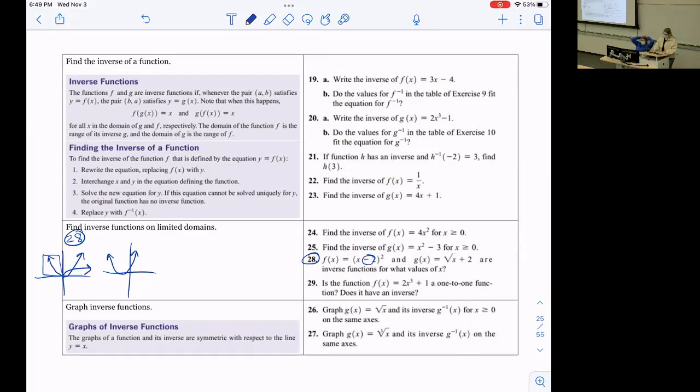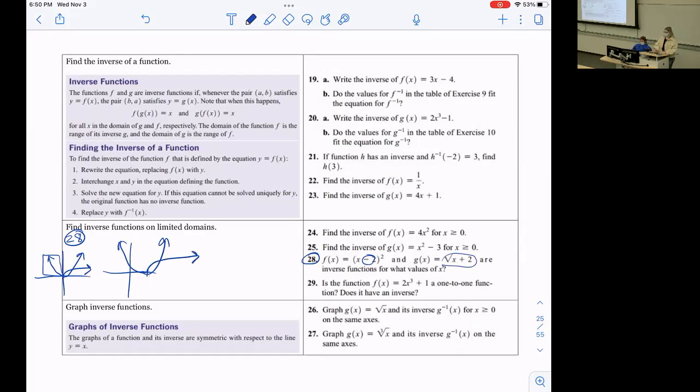Hold on. It'll be the positive direction. That's my bad. So we will have the vertex at x equals 2. And we know that this is the inverse, and it will look something like this.